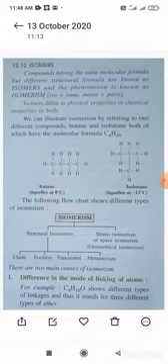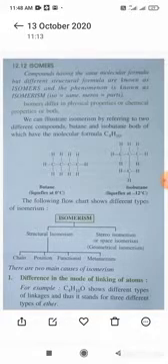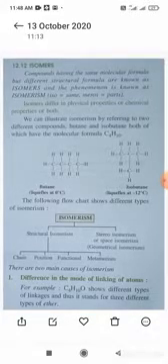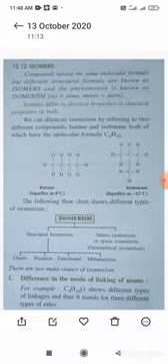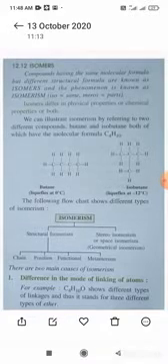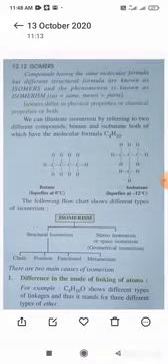Yesterday we learned about naming different organic compounds using functional groups, primary suffix and secondary suffix. What is the general format for naming an organic compound? First of all, prefix. And what are the prefixes we use? We use halides and alkyl groups as prefix, and then word root.